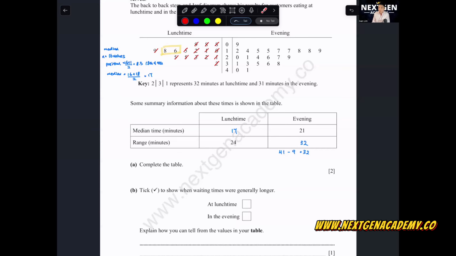Sean says median. Range. The time. Do we look at the median or the range to show when waiting times were generally longer? What do you mean generally longer? Rian says median is the middle number. Yeah, correct. Let's start with this first. Do you all think the lunchtime or evening time is longer?